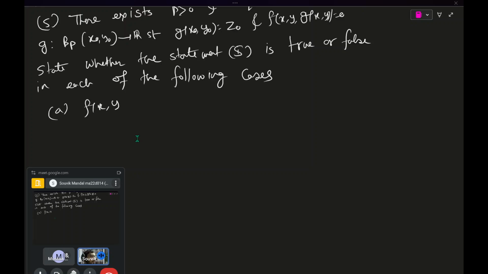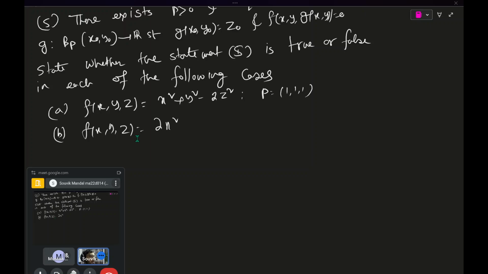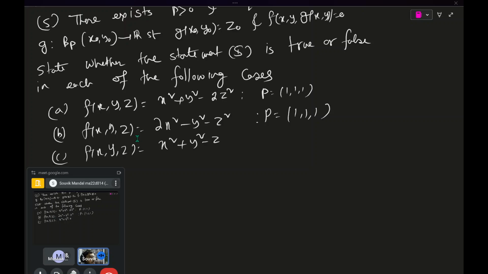Firstly, f of x, y, z equals x squared plus y squared plus 2z squared, with p equal to (1, 1, 1). Option B, f of x, y, z equal to 2x squared minus y squared minus z squared, with p equal to (1, 1, 1). And option C, f of x, y, z equal to x squared plus y squared minus z squared, with p equal to (0, 0, 0).